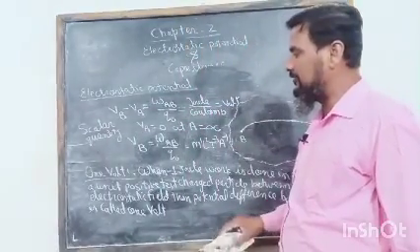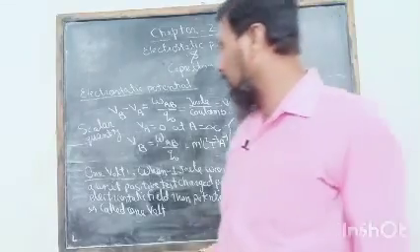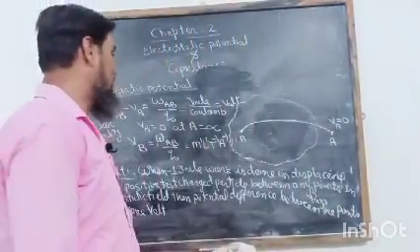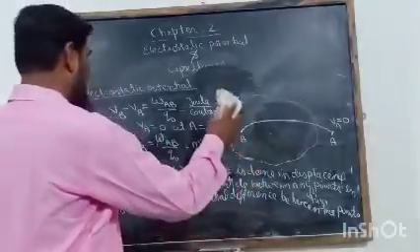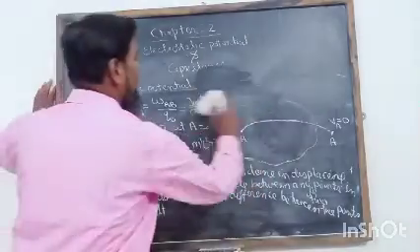Now we shall define the value of 1 volt on the basis of electrostatic potential.